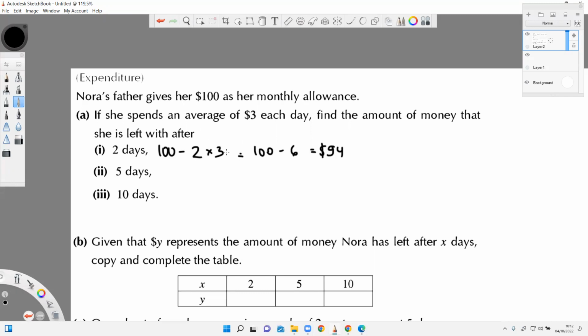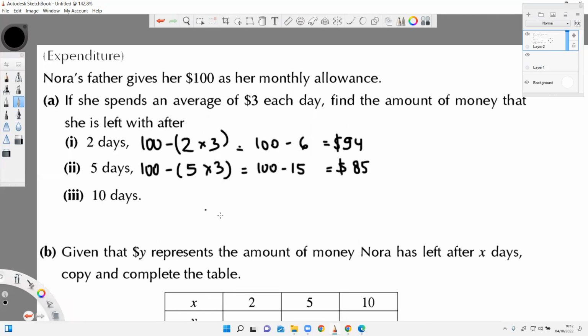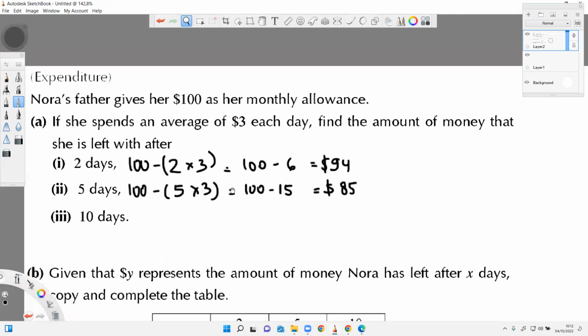She spent 6 only, but the question is asking what she is left with. What is the remaining money? Okay, how about 5 days? 100 subtract 5 days, and each day 3. So 100 subtract 15. What is the answer? 85. That's it.